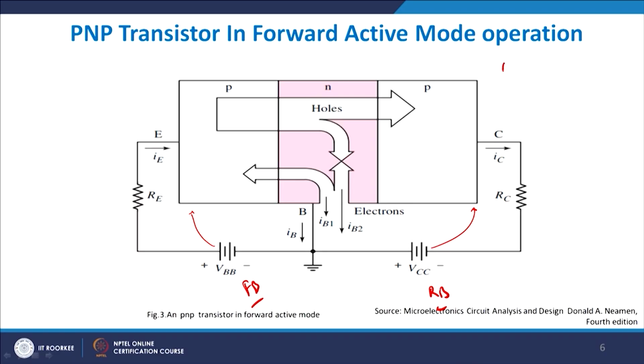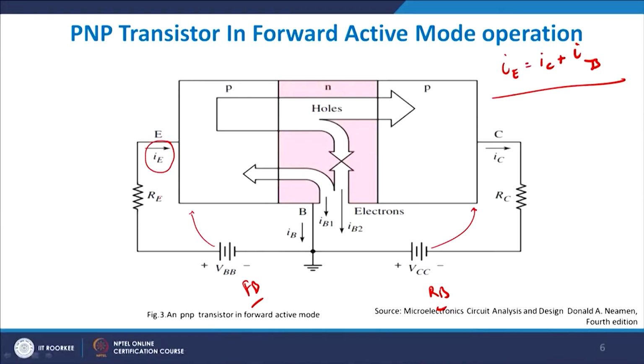Here also IE will be equal to IC plus IB. The only thing is, because this is the conventional current, the direction of the arrowhead shows the direction of flow of the holes. So, this arrowhead which you see here is the direction of the holes, and therefore the holes will be moving in this direction.